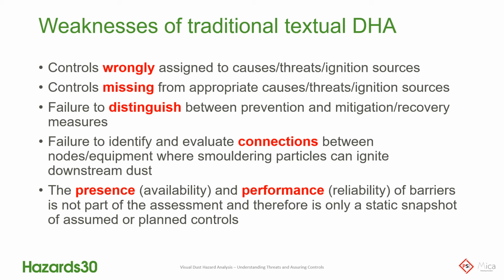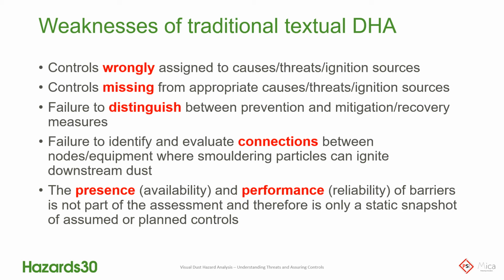Important distinction between prevention and mitigation, pre and post ignition or pre and post top event. No real clarity on the connections or the transmission from one node or one asset to another, where you've got an ignition causing smouldering particles that can go downstream or upstream.